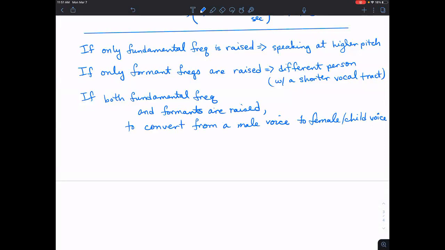Because typically you would have both the higher fundamental frequency and the higher formants in females or children compared to male voices on average in general.